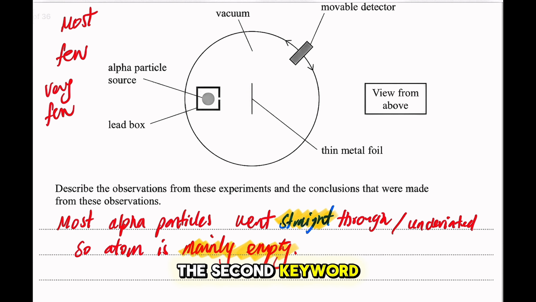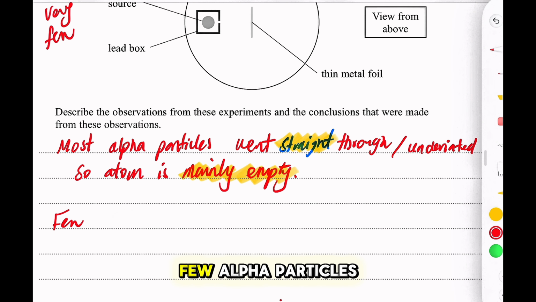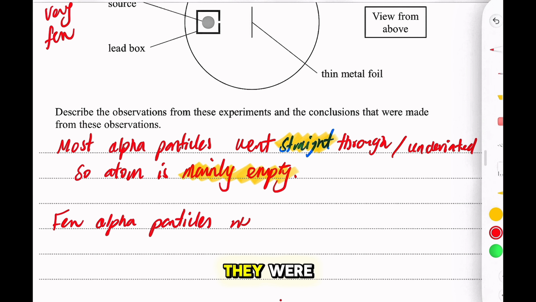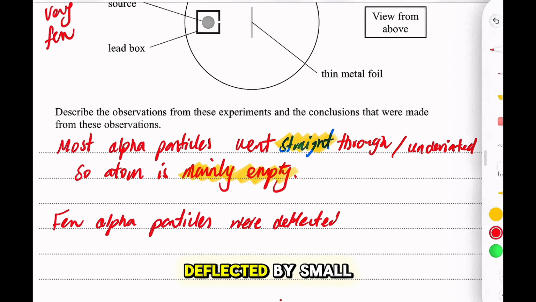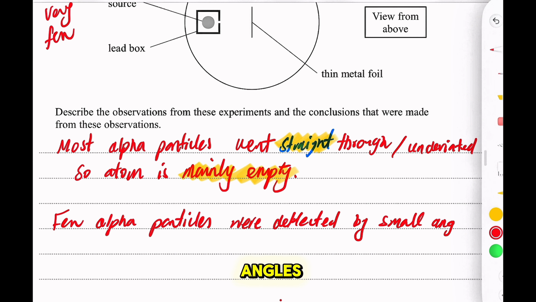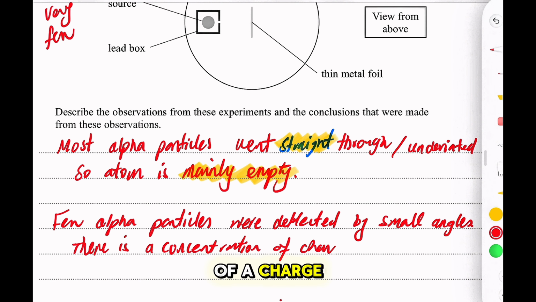The second keyword is few. Few alpha particles were deflected by small angles. Why? Because there is a concentration of charge in the atom.